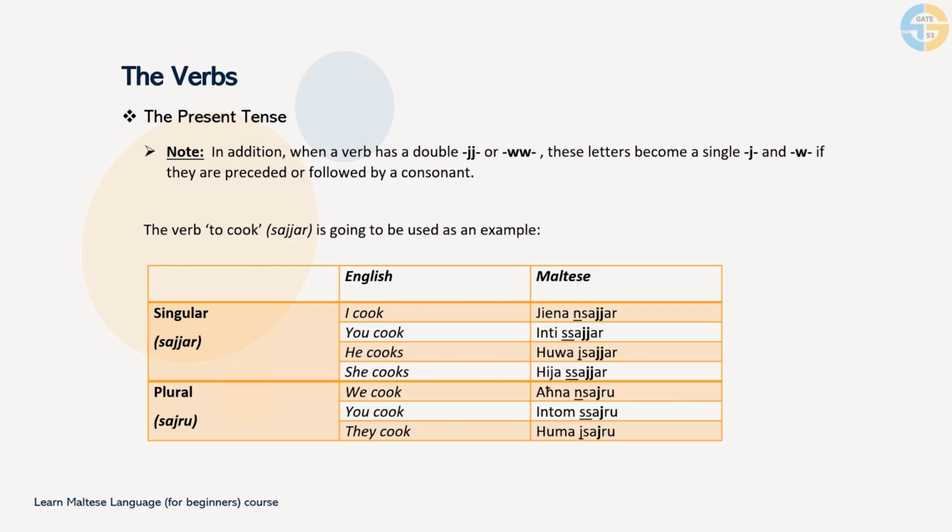So let's carefully and slowly look at the verb to cook, which in Maltese is sajjar.